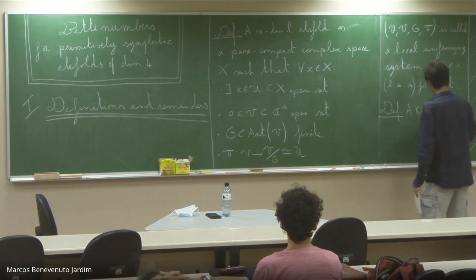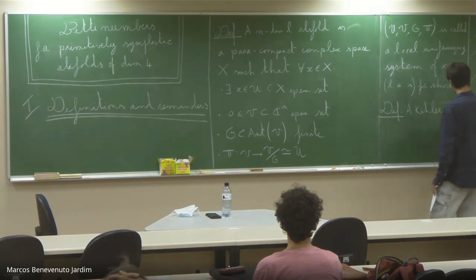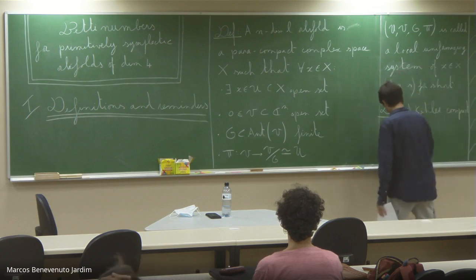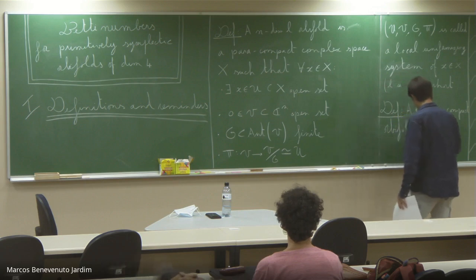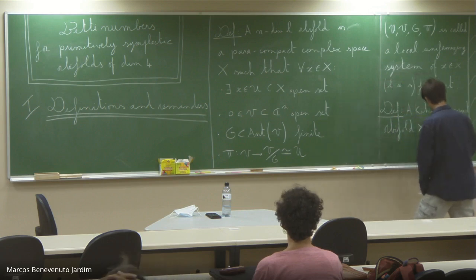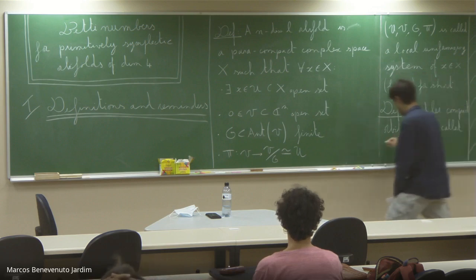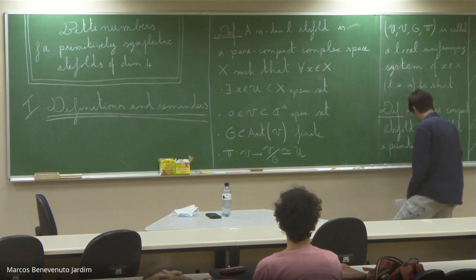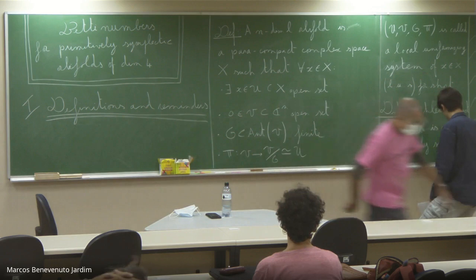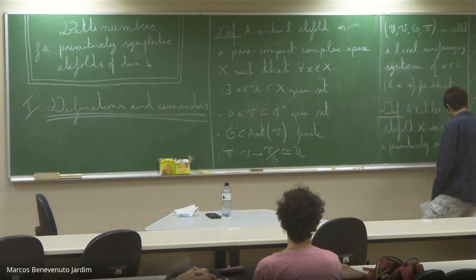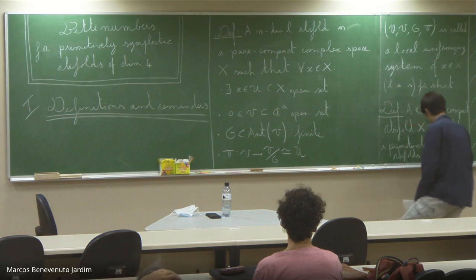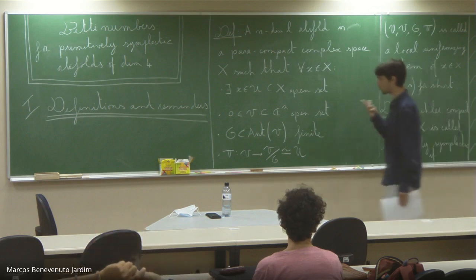A compact Kähler orbifold X is called a primitively symplectic orbifold if there are two conditions.